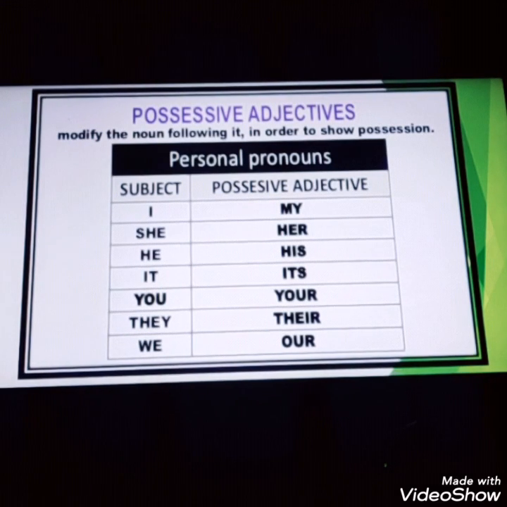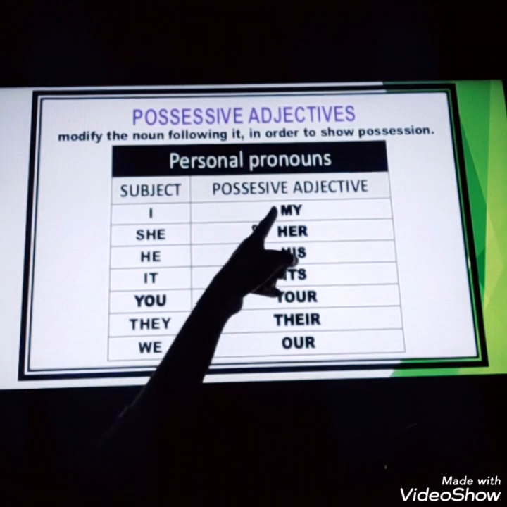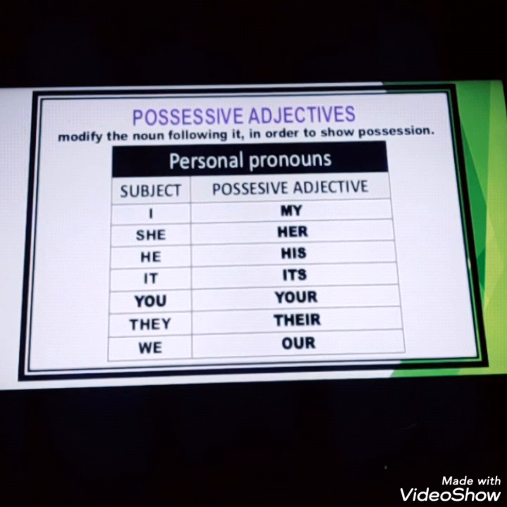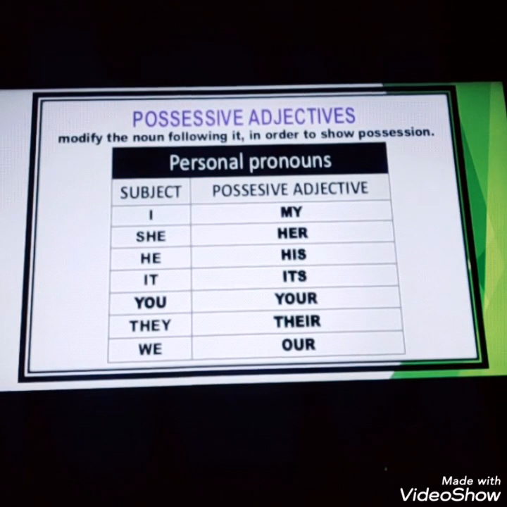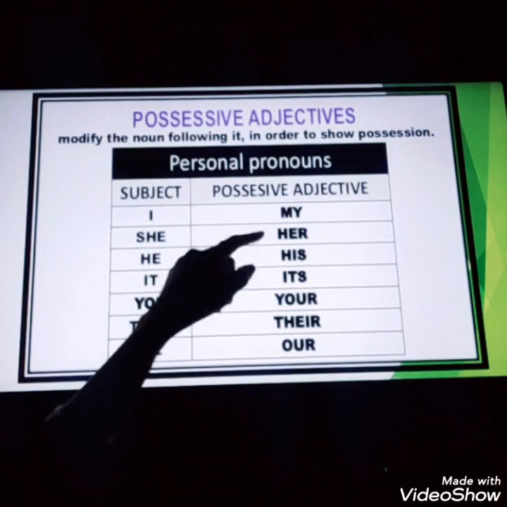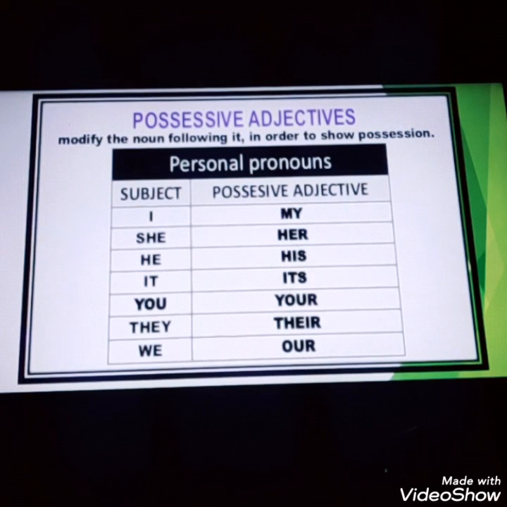My book is lying on the bed. It answers the question, whose book? My book. So my is a possessive adjective. This is her doll. Whose doll is this? Her. They sold their house.